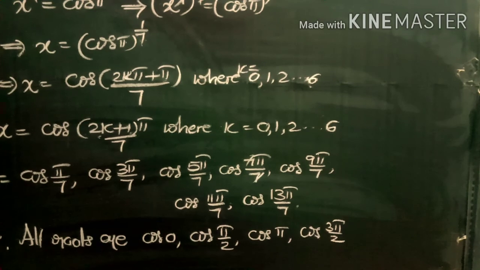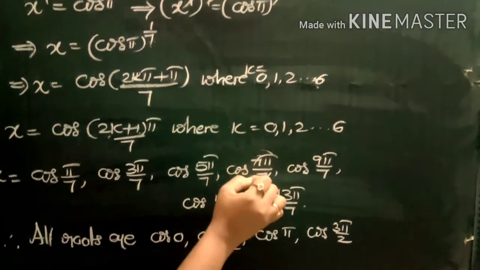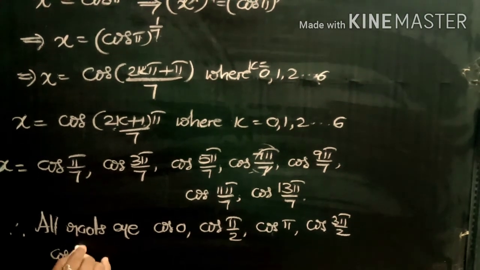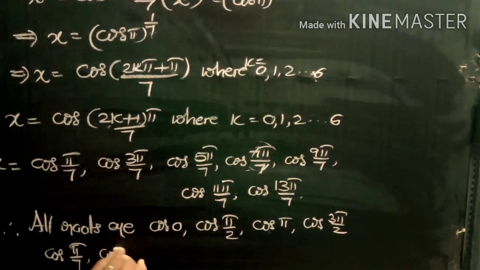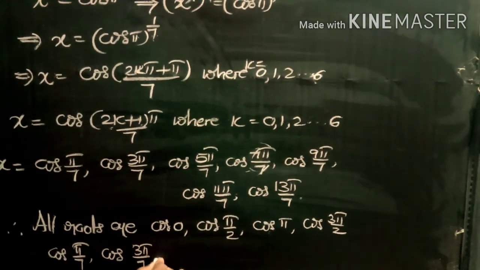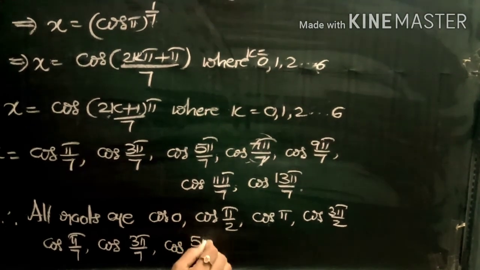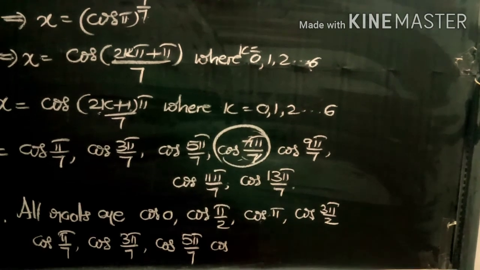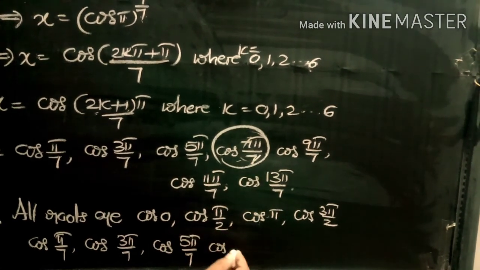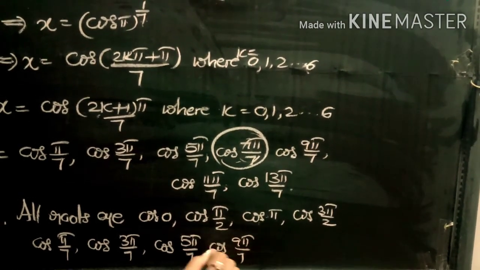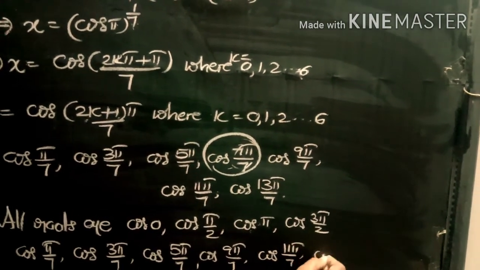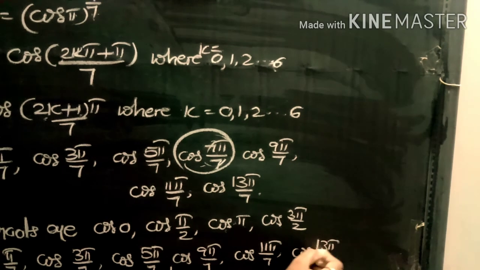Now in this case the answers are cis π by 7, cis 3π by 7, cis 5π by 7, cis π, which is already repeated since cis π is the common term in both of the equations, cis 9π by 7, cis 11π by 7 and cis 13π by 7. That's all.